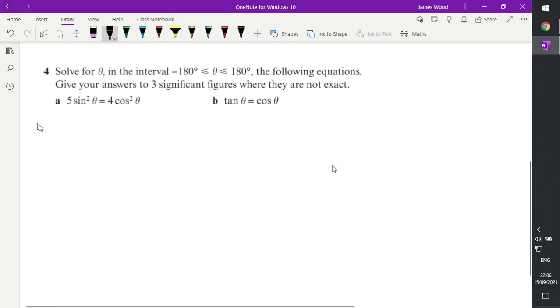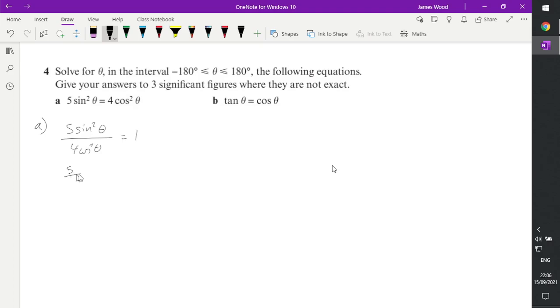These ones here, let's do part A. Again, we've got 2 different functions, so we could try and swap them out for the other one. Or I think here we could probably do it with tan instead. So I'm going to make this 5 sine squared theta divided by 4 cos squared theta, and that would equal 1 then.